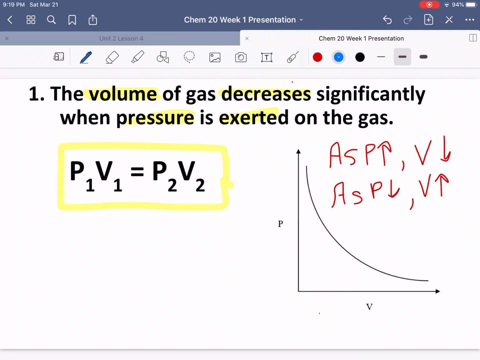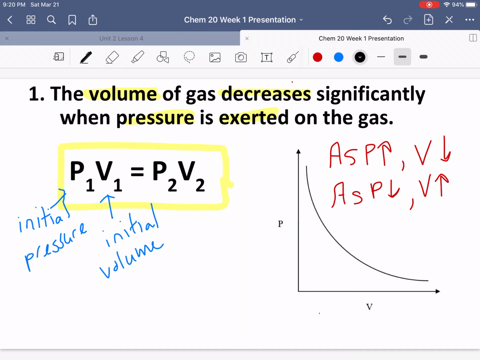Now, what you see in your formula sheet where it has this P1 and V1, that's all about saying that it's the starting, so the initial, what you begin with pressure, and an initial volume. Okay? Same deal on the other side.